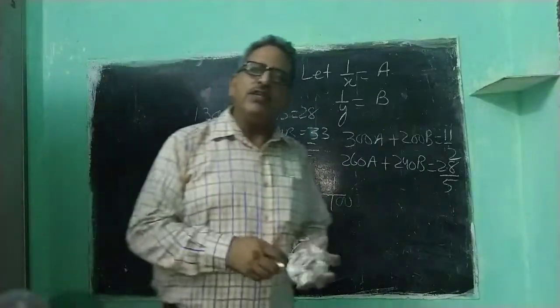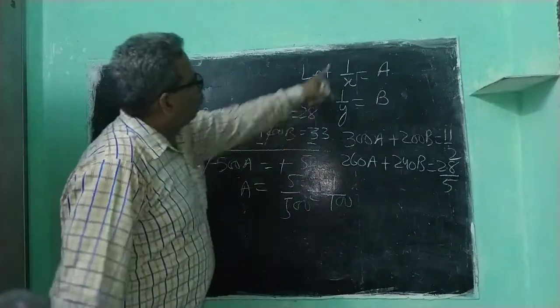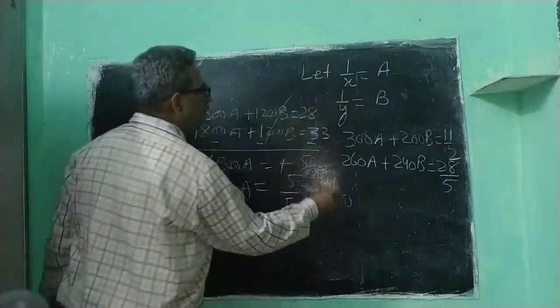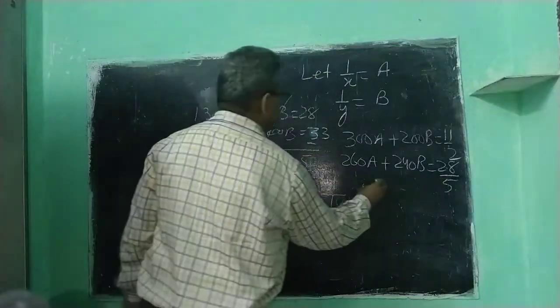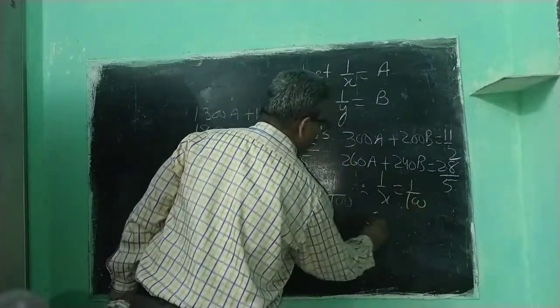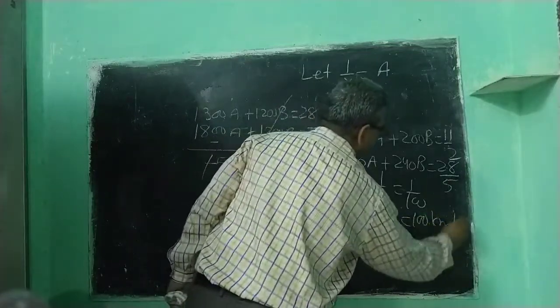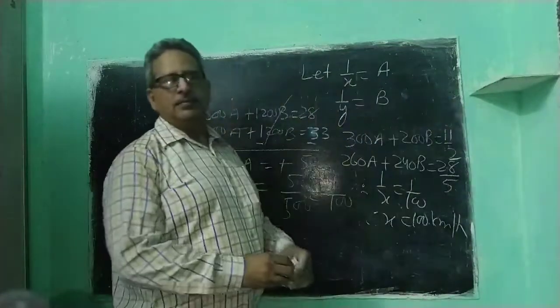So a means what, beta? a means 1 upon x. So therefore, 1 upon x is equal to 1 upon 100. So therefore, x is equal to 100 kilometer per hour.